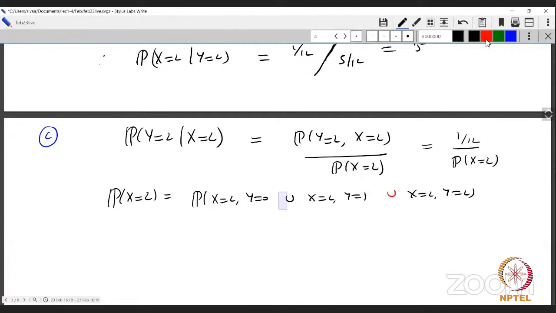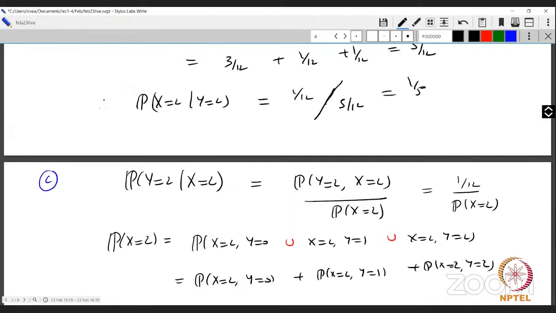Very nice. So again, disjoint union, you can sum them up. So same as the probability that x equal to 2, y equal to 0, plus probability x equal to 2, y equal to 1, plus probability x equal to 2 and y equal to 2. And this is just saying, you go back to the table again.